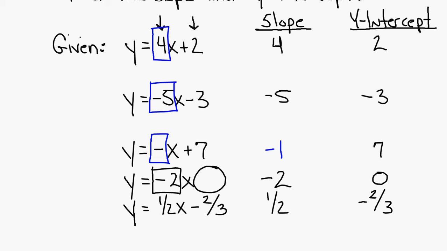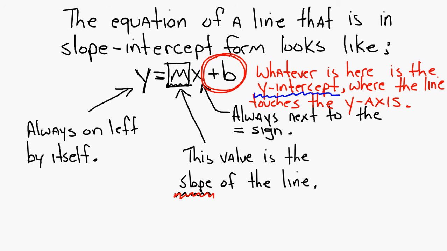Now, back in your original notes, when I gave you the slope-intercept form, y equals mx plus b, do you see how this letter m represented the slope, and this letter b represented the y-intercept?